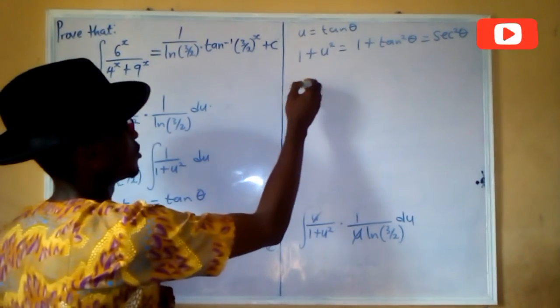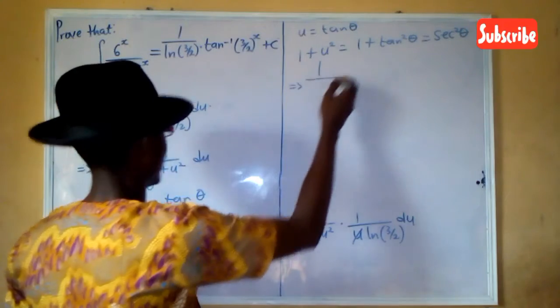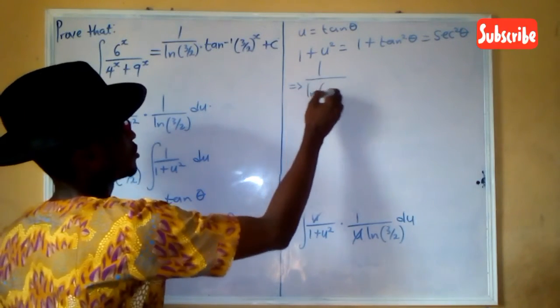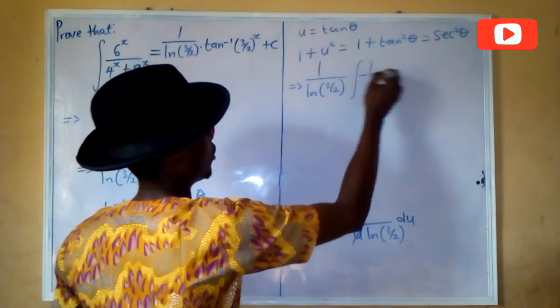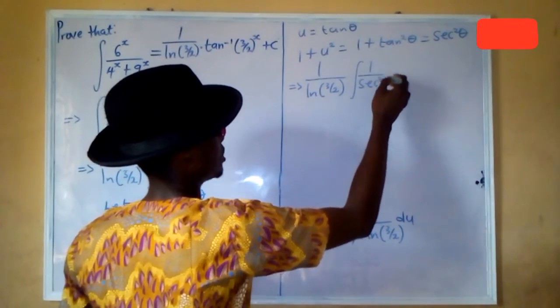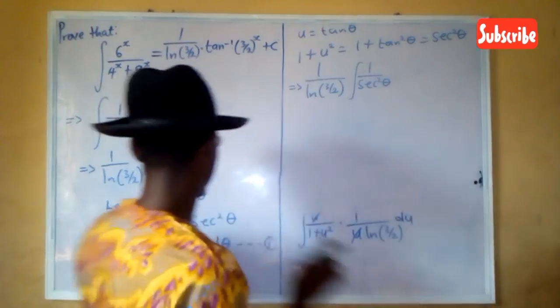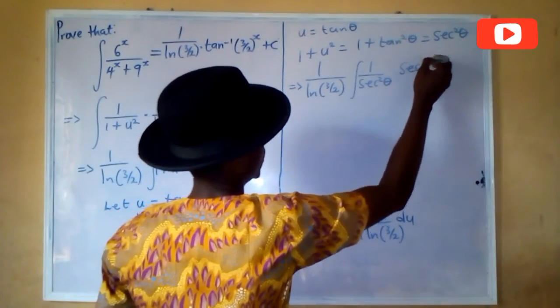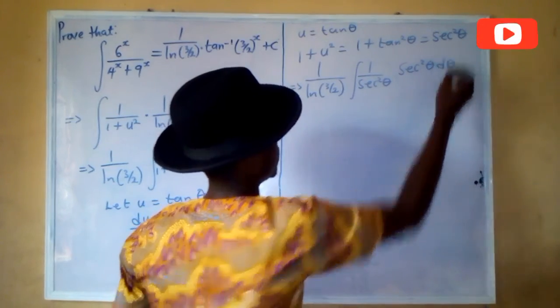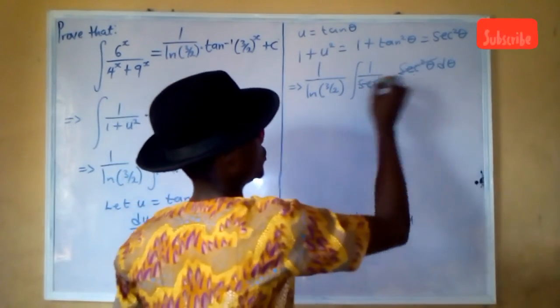So from there we substitute all this into the integral. We have 1 over ln(3/2) times the integral of 1 all over sec squared theta. Don't forget this becomes this. Then du becomes sec squared theta d theta, so this can go with this.